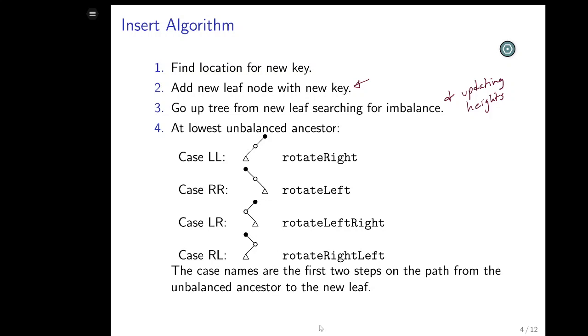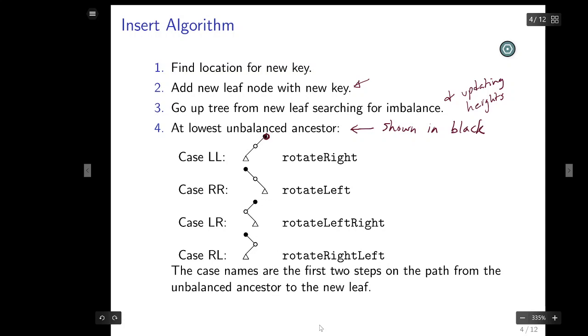And if the heights don't change, you don't have to worry anymore. But it could be that you run into a situation like the one shown here. This is where you run into an unbalanced ancestor of the leaf node that you've inserted, which is shown in black.